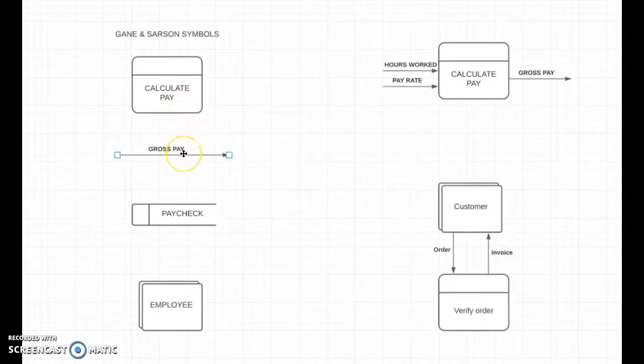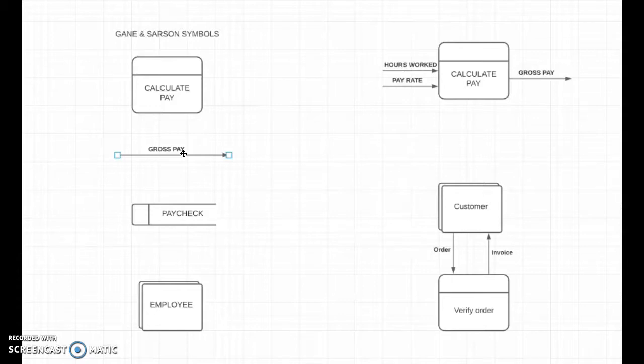The next one is the data flow symbol. A data flow is a path for data to move from one part of the information system to another. A data flow in a data flow diagram represents one or more data items.